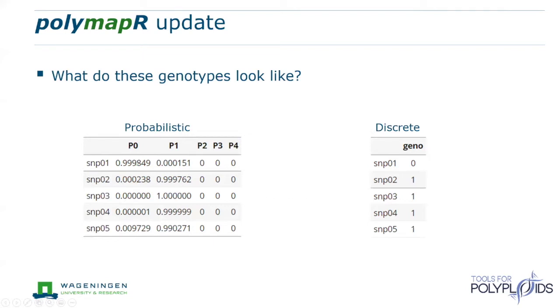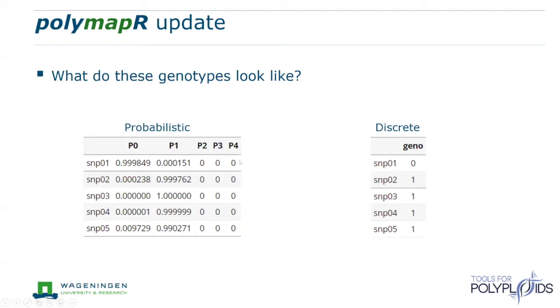But you could imagine there could be situations where you're not quite sure whether it's a 0 or a 1, and you might have a more intermediate probability. And in that case, usually a genotype caller would make that value missing. But by doing so, you're throwing away a certain amount of information that it is either a 0 or a 1. So there can be advantages to using these probabilities.